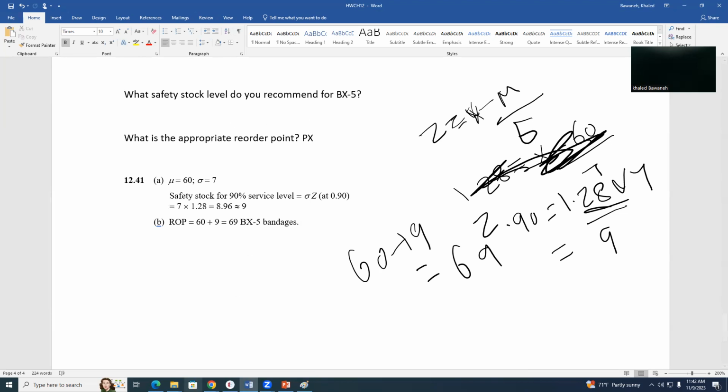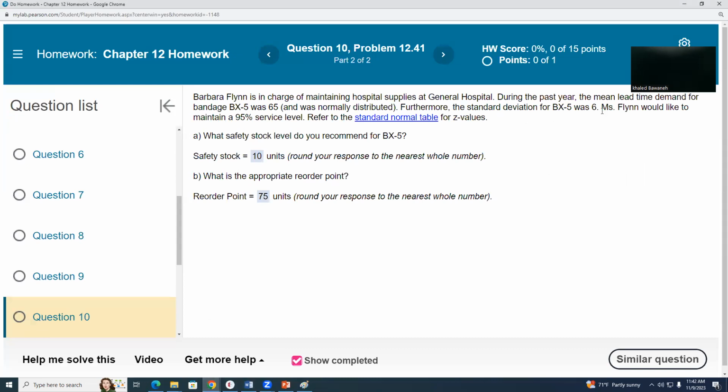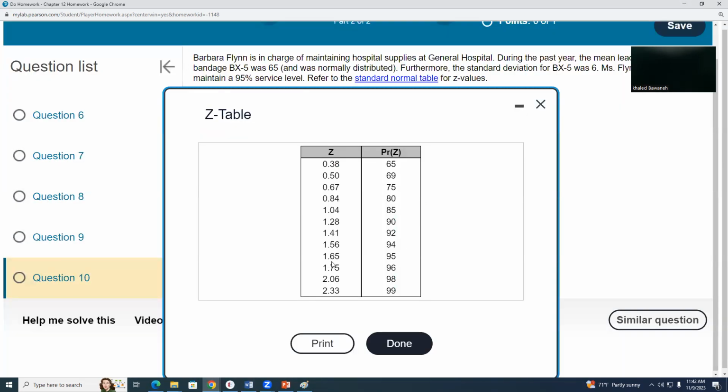If I try another question, let me try this one. Yeah, you can watch the video, but let's say in this question they said the percent is 95%. I click on the table for 95%, so Z is 1.65, okay?